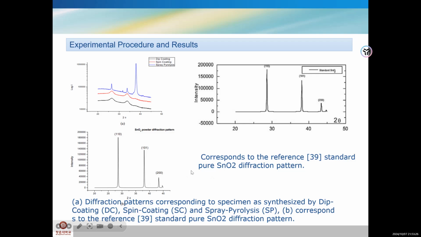So this is the response to the reference standard pure SnO2 diffraction pattern. And these are the diffraction patterns corresponding to specimens as thin films, corresponding to the reference pure SnO2 diffraction pattern.